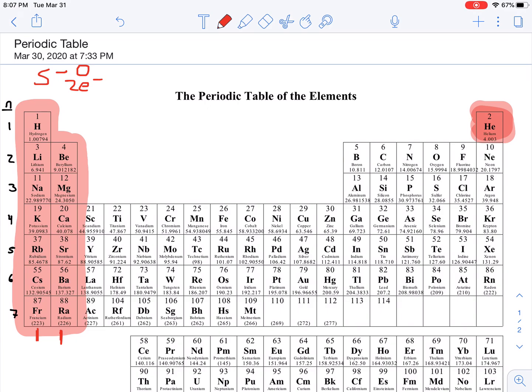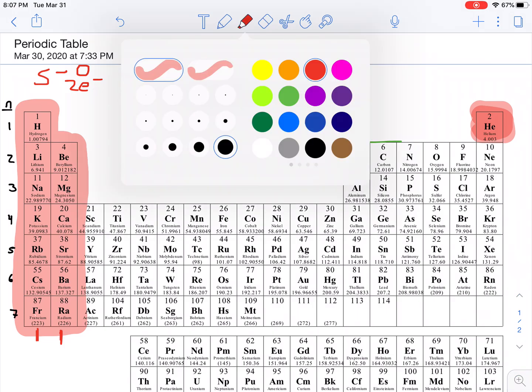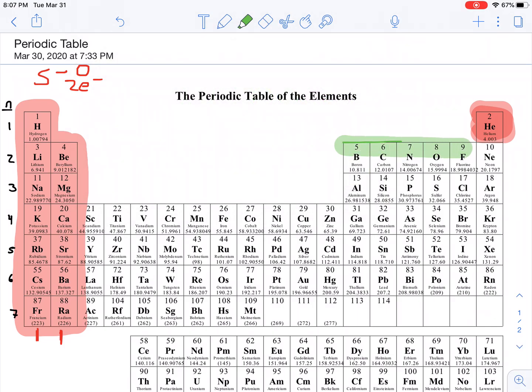Okay, after S, this section that we will make green, and let me highlight this in green. Green is our P section. So the P section we're highlighting in green. Again, I'm filling in. You can do the same in color code if you so desire. So that is the P section.